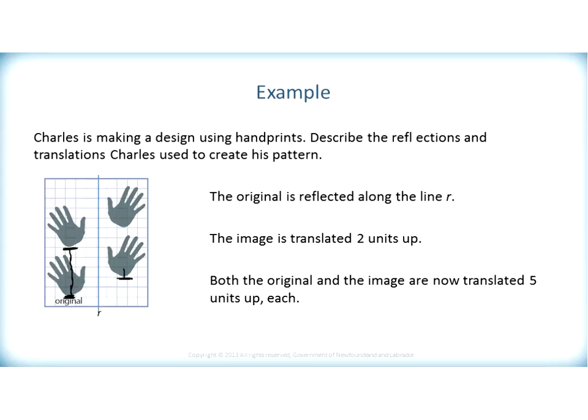But now from this starting point, I'm going to go 1, 2, 3, 4, 5 units to get to this point right here. So I've reflected in my line R right here. This is my reflection. I translated initially 2 units up, and then I translated both the left hand and the right hand 5 units up each.